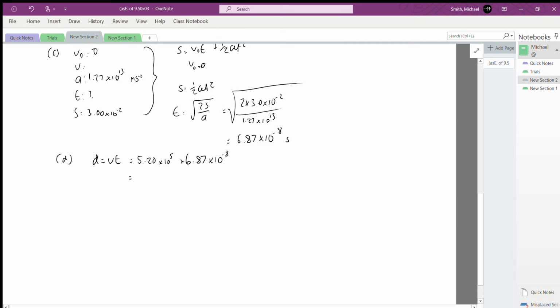And that happens to be 0.0357 meters, 3.57 centimeters.